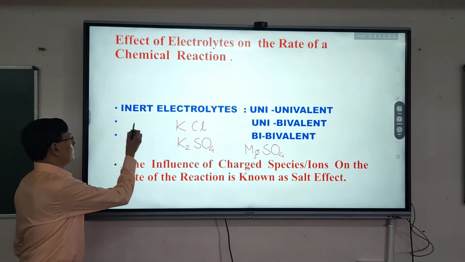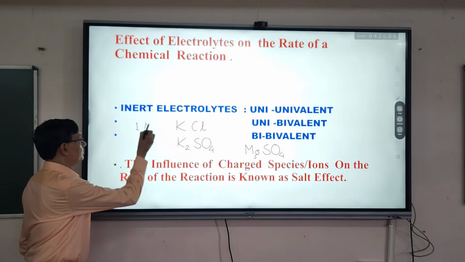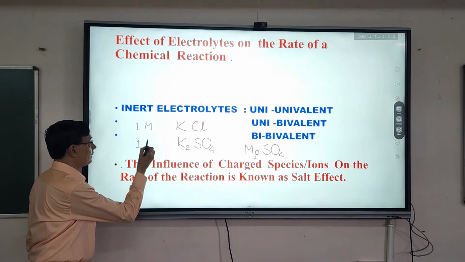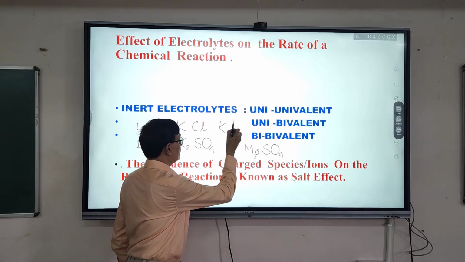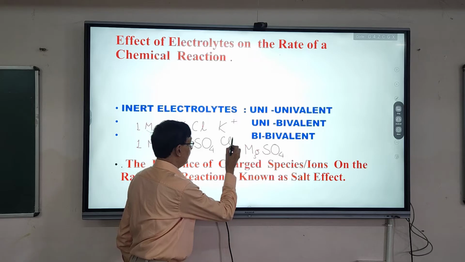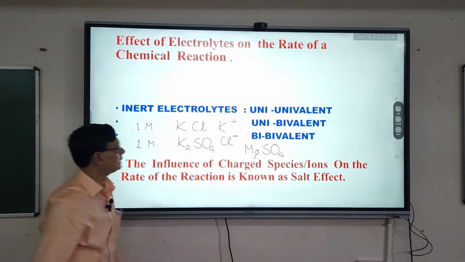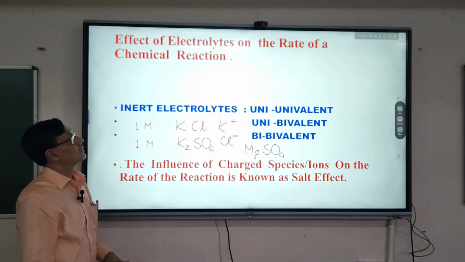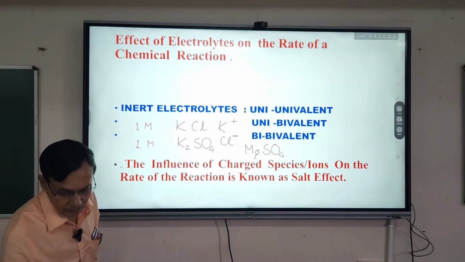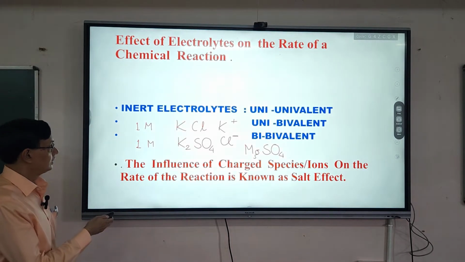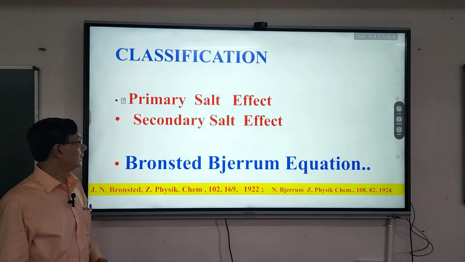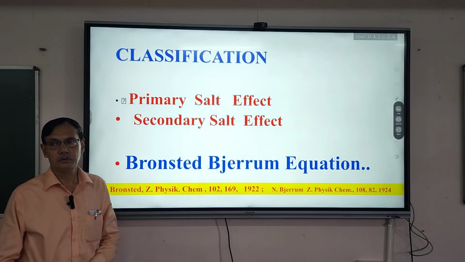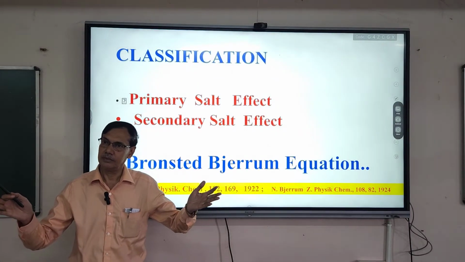And suppose it is 1 molar, it is also 1 molar, and it dissociates into potassium ion as well as chloride ion. Such type of effect is known as the salt effect, and the salt effect can be divided into two parts.